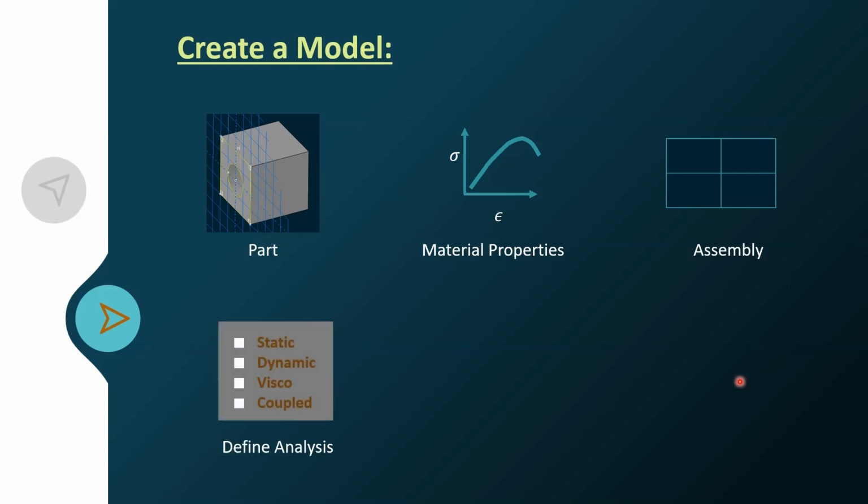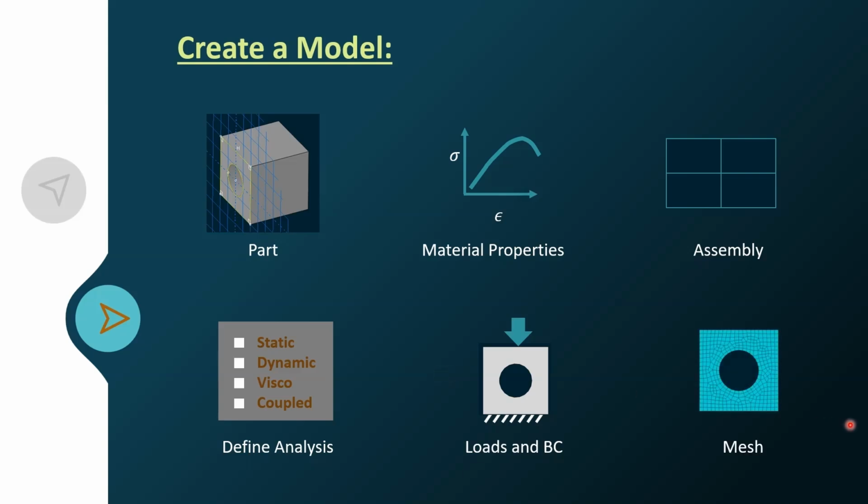Then we have to define what kind of analysis we want to do. So static, dynamic, or visco, which is quasi static, or the coupled kind of analysis, those we have to define here. Then we have to define what kind of loads you are applying, and the places where you are constraining your model. And then at the end we have to mesh the model, basically discretizing the model.